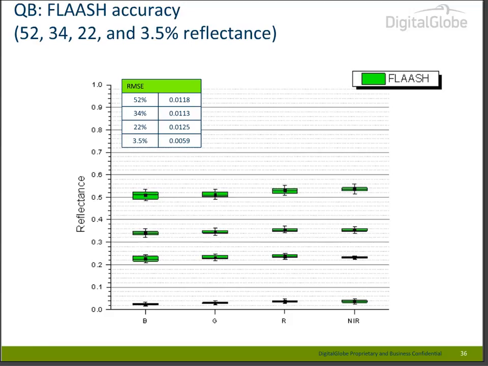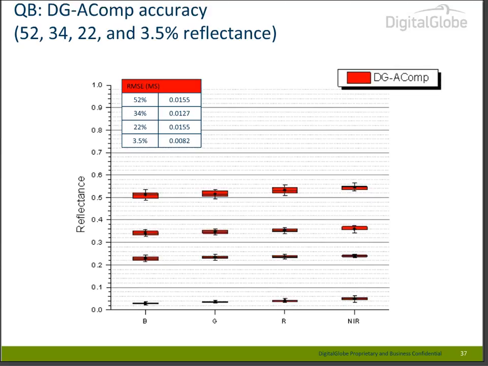We have here the 52% tarp, the 34, 22, and 3.5 reflectance tarp. So it's not really a big surprise. FLAASH, again, works very well. But also, DigitalGlobe seems to be performing very well. And again, I'm showing both retrievals at the same time, and you can almost not notice any difference. So that means that DigitalGlobe seems to perform as well as FLAASH.